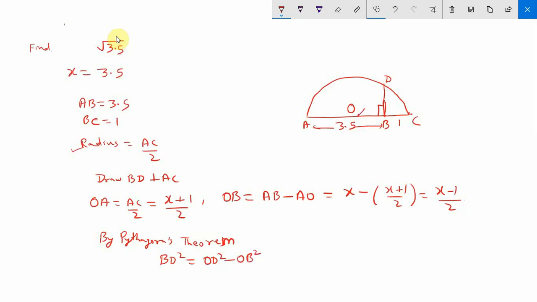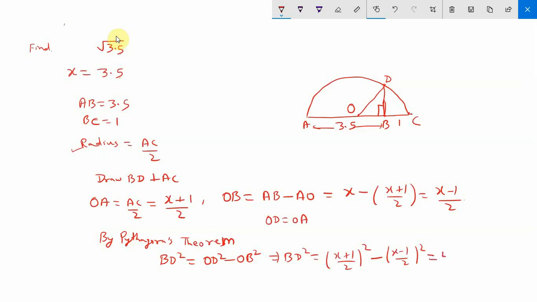OD is the radius, so OD equal to OA. So BD square equal to x plus 1 by 2 whole square minus x minus 1 by 2 whole square.